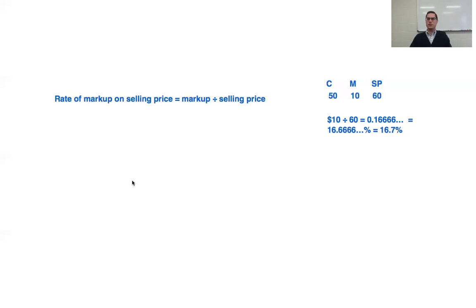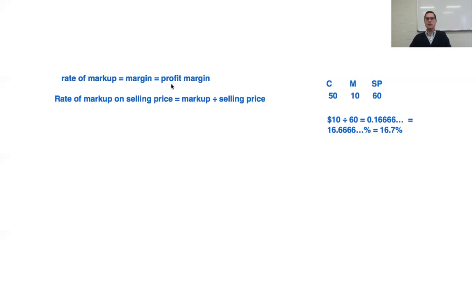And something else that you should know before we move on here is that the rate of markup is often referred to as the margin or profit margin. So margin or profit margin, that's another way to refer to the rate of markup.